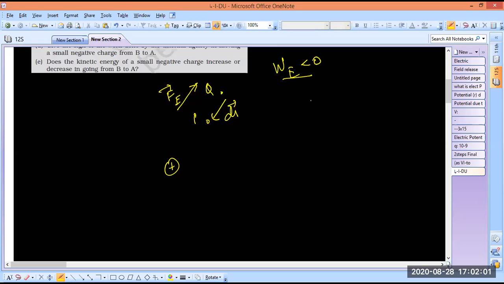So the work done by this electric force is going to be negative, because these two are in opposite sense. The small charge is a test charge, so you don't have to consider its field. So the final answer is negative, right?